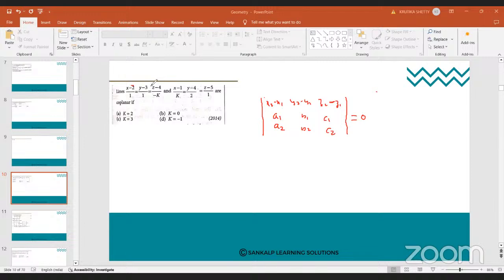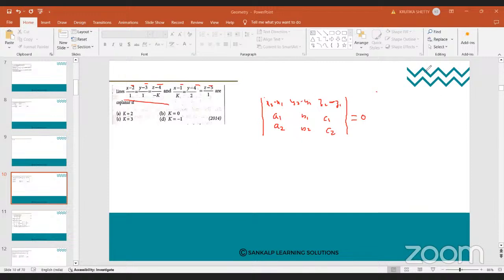So x1, y1, z1 is given, x2, y2, z2 is given, and the A1, B1, C1 and A2, B2, C2 values are also given. By making use of this, we can easily simplify.